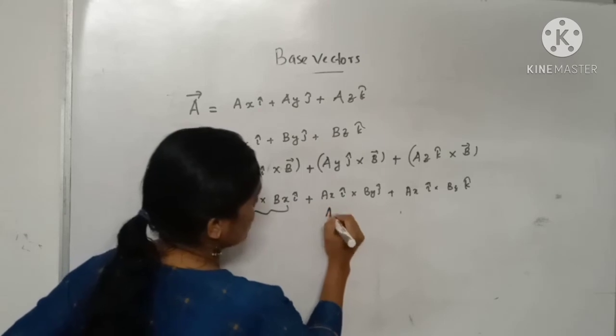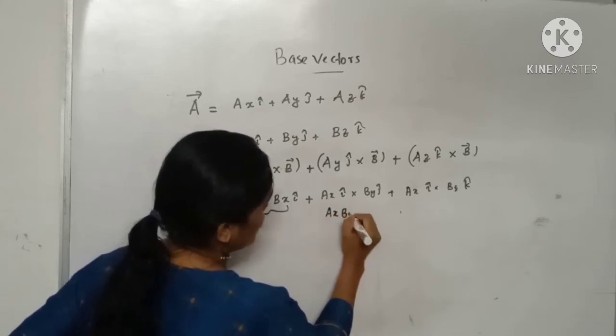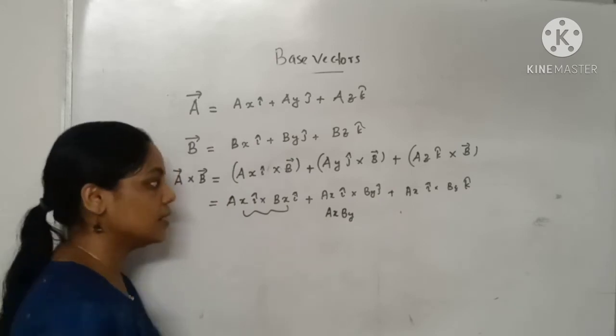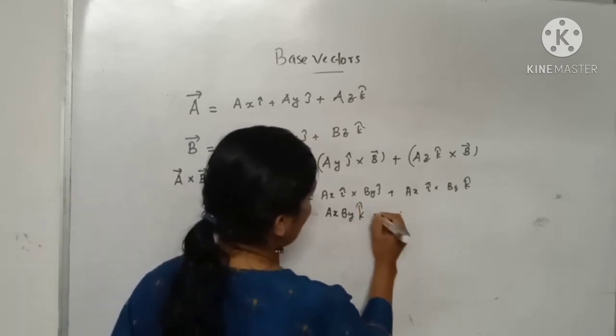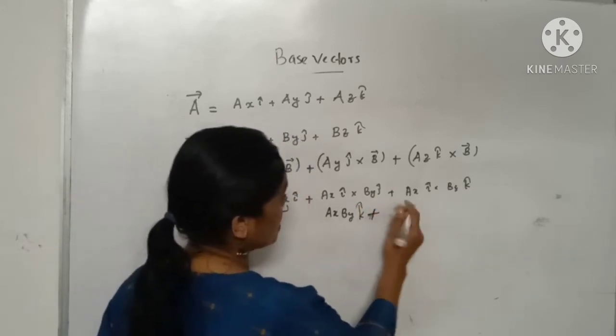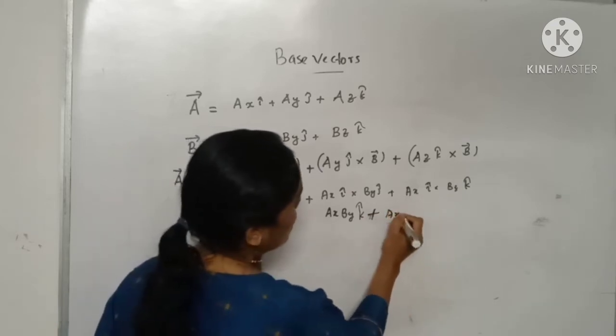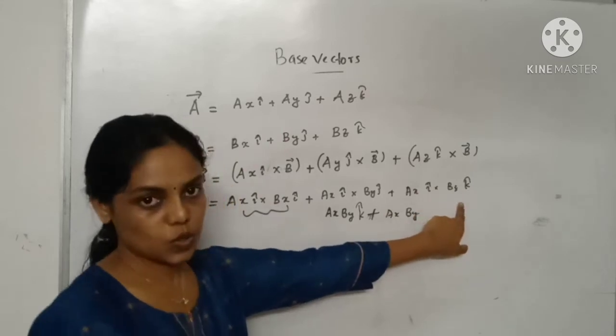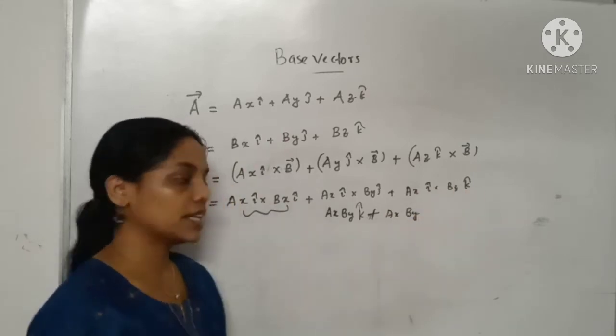And what is this? AX BY into i cross j. i cross j is k cap, minus or plus AX BZ into i cross k. i cross k is minus j cap.